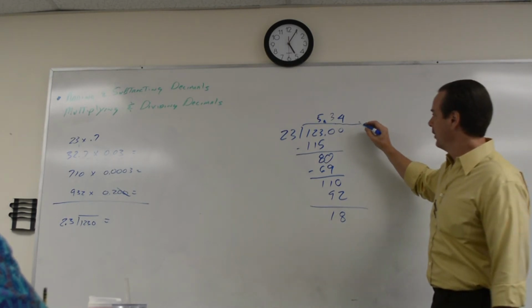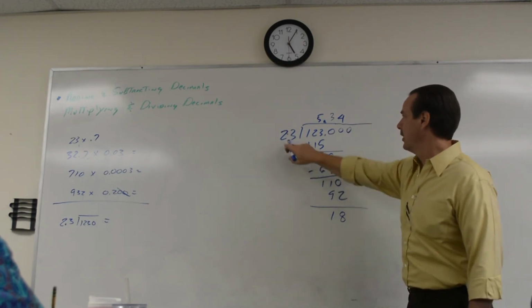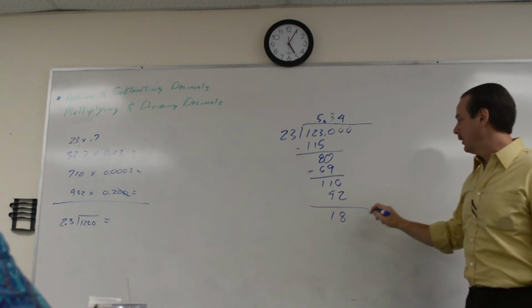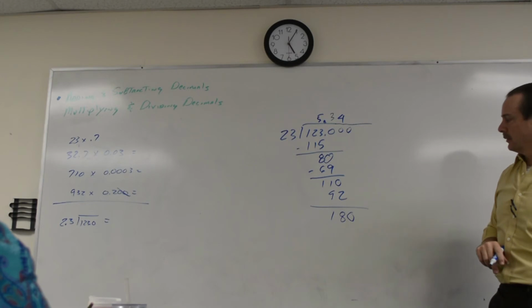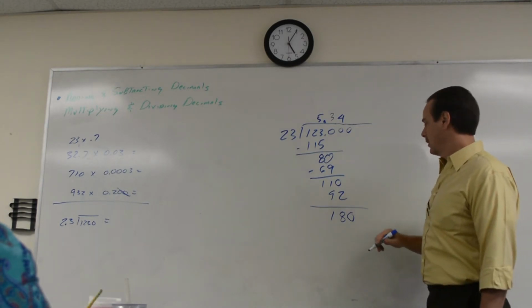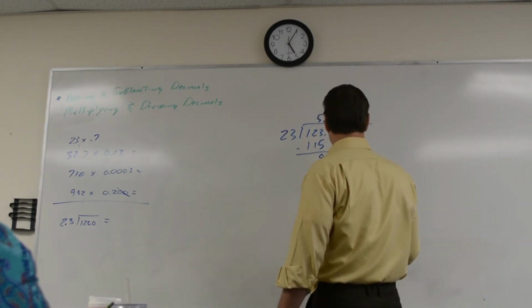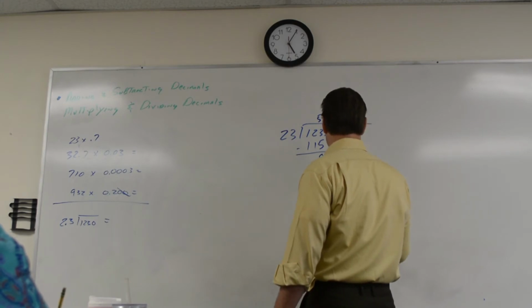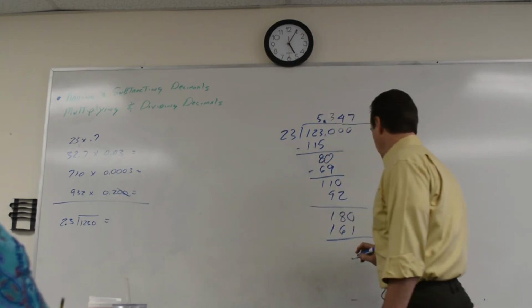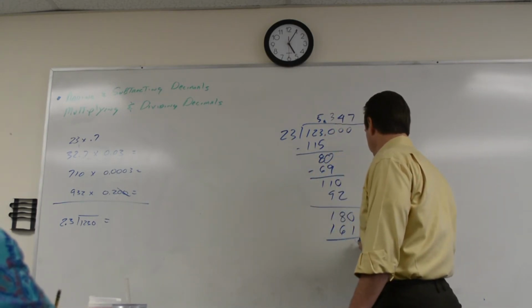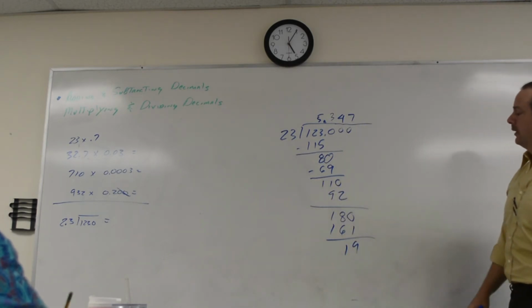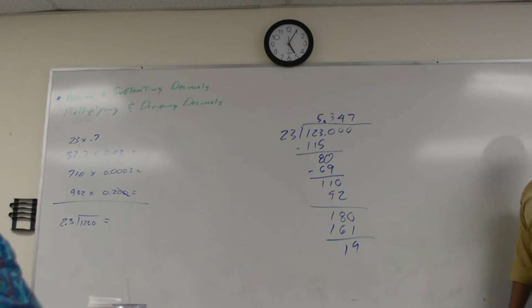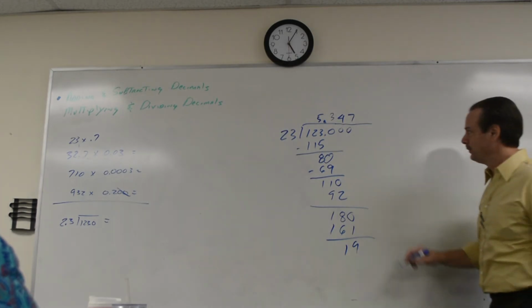So now we've got to add another 0. 18 is less than 23. The 4 is good. Now we have 180. 23 times 7 is 161. Let's subtract that away. 19. 19 is less than 23. I guess we could bring down another 0.